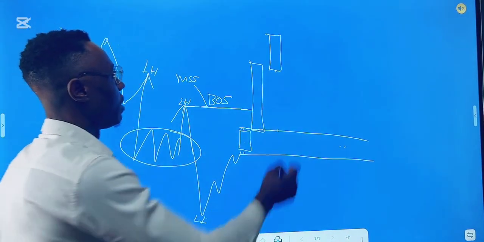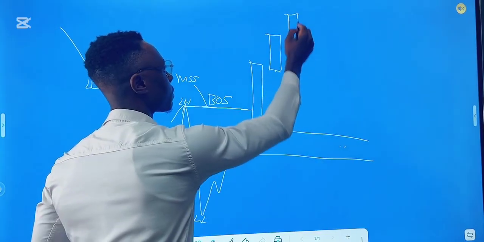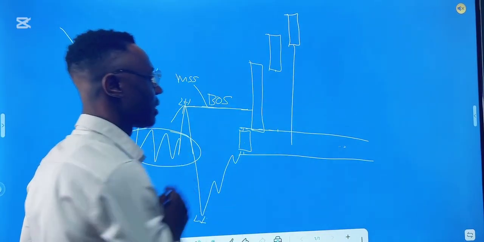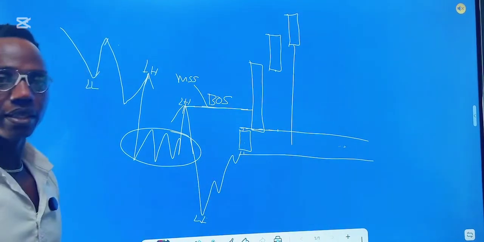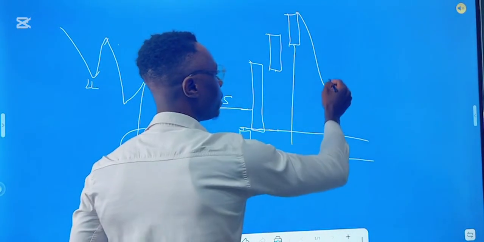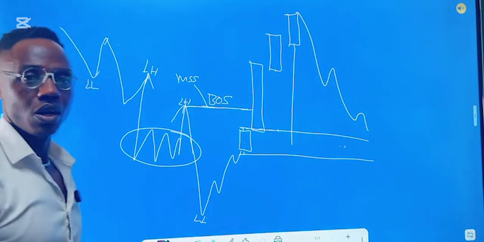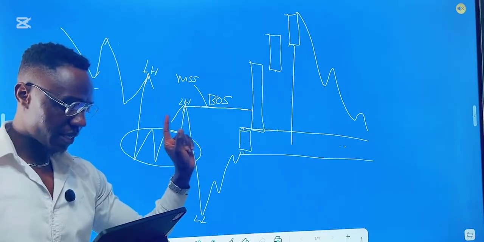Let's say the third candle from here touches it like this and pushes up. Now this order block has been mitigated and is no longer valid. If the price is coming back again, you don't have to trade it unless you are trading it as a support zone, but not as an order block.